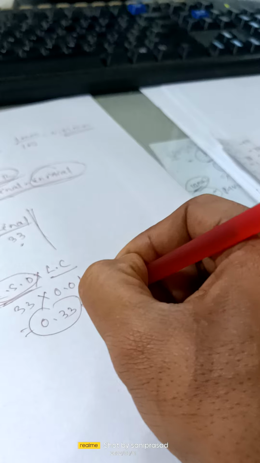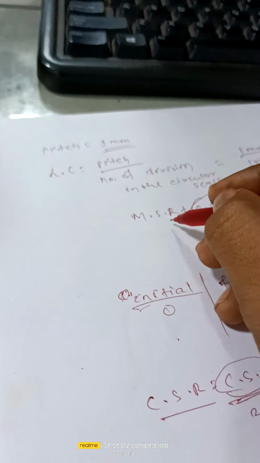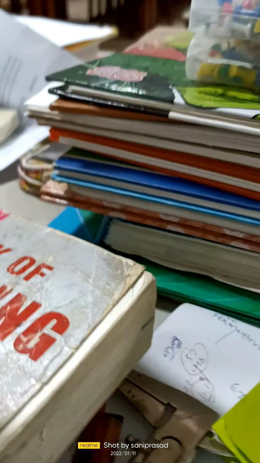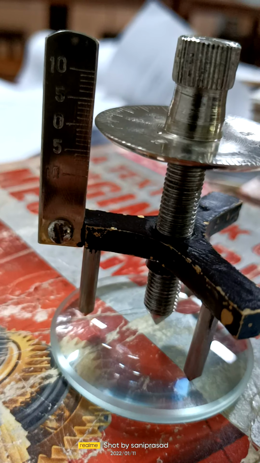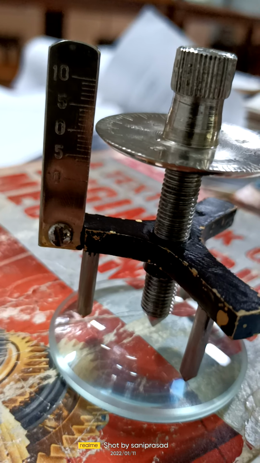Now you have to find the MSR. What is the MSR, the main scale reading? Look, it looks almost 1 mm.